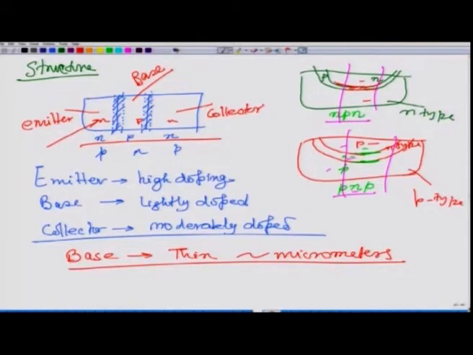Then comes the symbol for this transistor. You remember symbol for Pn junction. Pn junction we had symbols. It was like this, P side and N side. So, for transistor also we have a symbol, and this time you first draw a small circle, to show that the transistor is inside this.